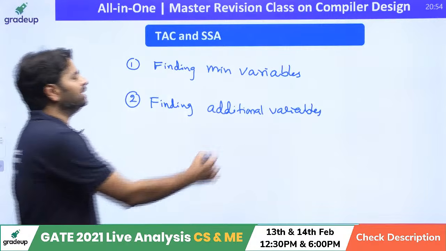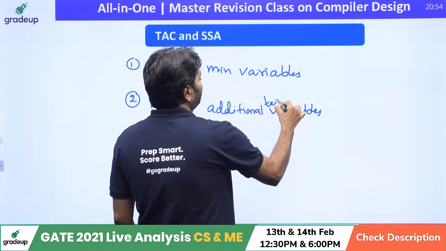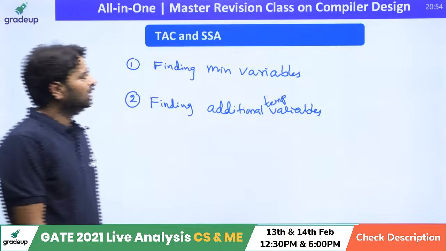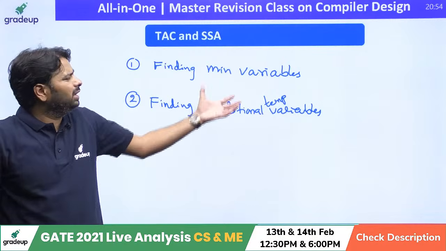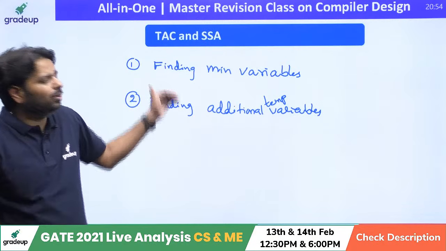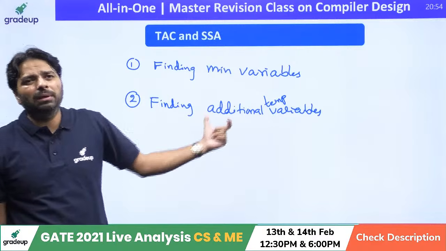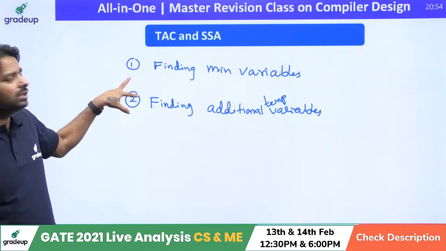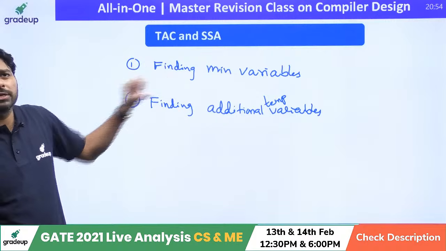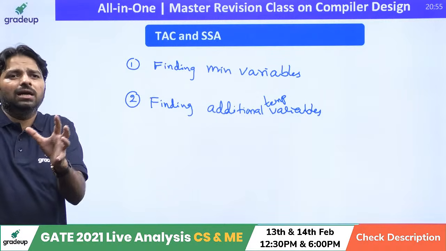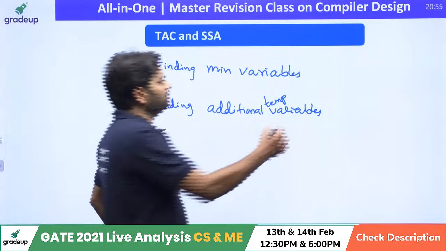Sometimes additional temporary variables might be required. They might also ask for the total number of variables required, minimum. Both are minimum only. Do you require additional minimum temporary variables? Both require the same concept. At the end, the calculation is different. That's all. Look at the example.